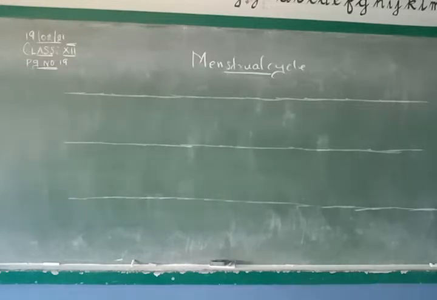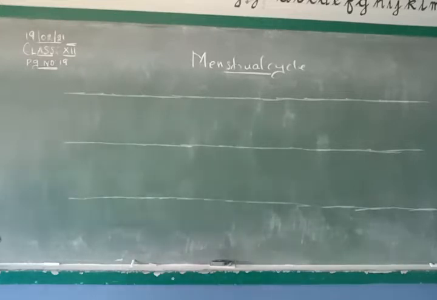Very good. What is happening in the ovary? The primary oocyte will be converted to secondary oocyte. That means the primary follicle is converted into secondary follicles, tertiary follicles and Graafian follicle. And ultimately what is happening to the Graafian follicle? It ruptures and releases. That process is called the ovulation process. Very good. That is the change in the ovary.